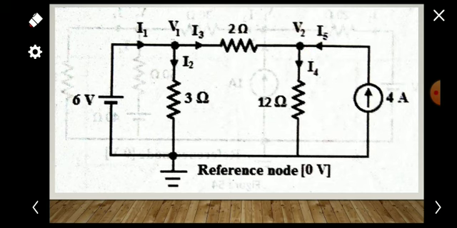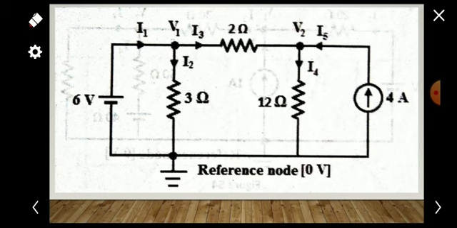Here you can see this is a node, and this is also a node, but these two nodes are the same. That's why we are keeping that as a reference node. In most cases the nodes given below will be the same. So three nodes are there: V1, V2, and the reference node.